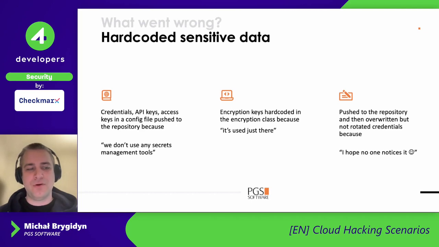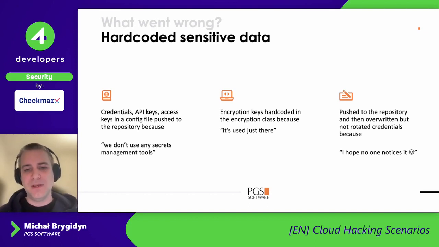And what is also very common, if you know that it's bad to push something sensitive to a repository, but you did it, it's not enough just to override it with some dummy value. There is a Git history, and Git remembers everything.